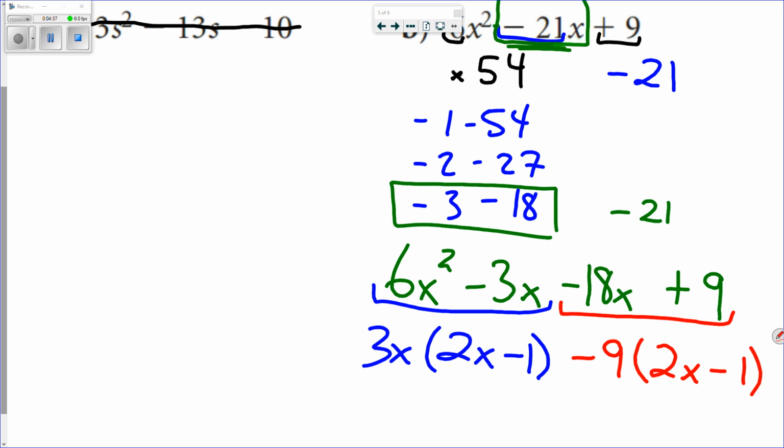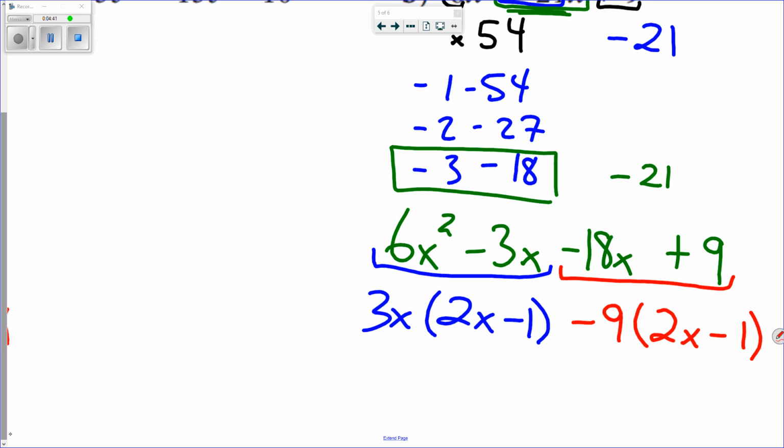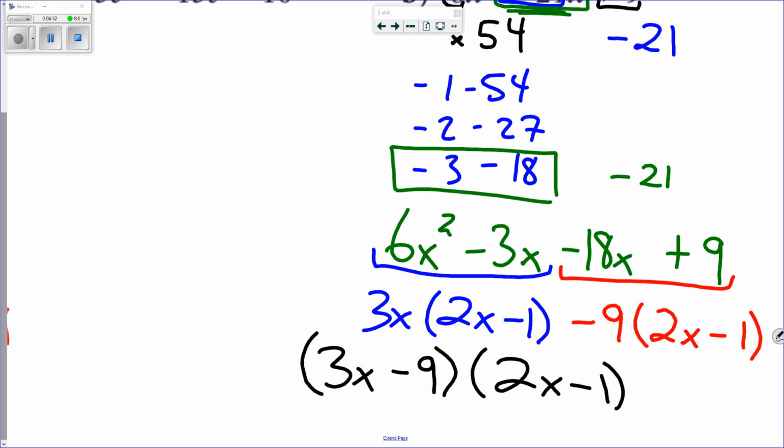So our two factors are going to be 3x minus 9 and 2x minus 1. Now this is an acceptable final answer.